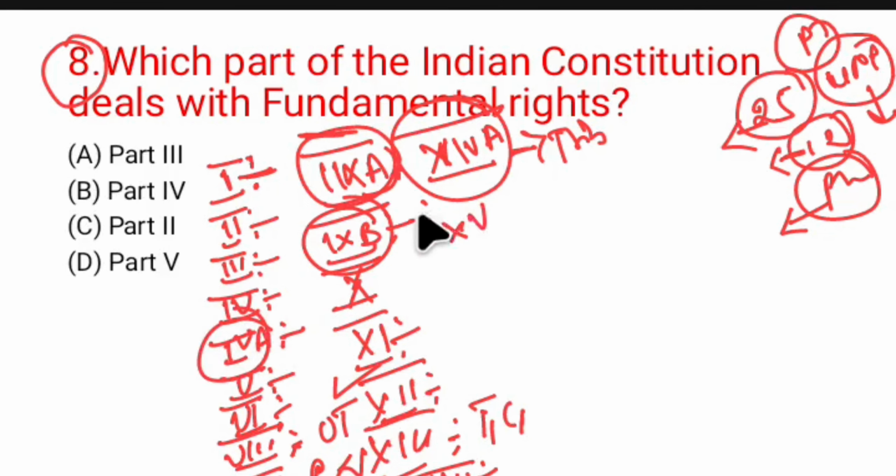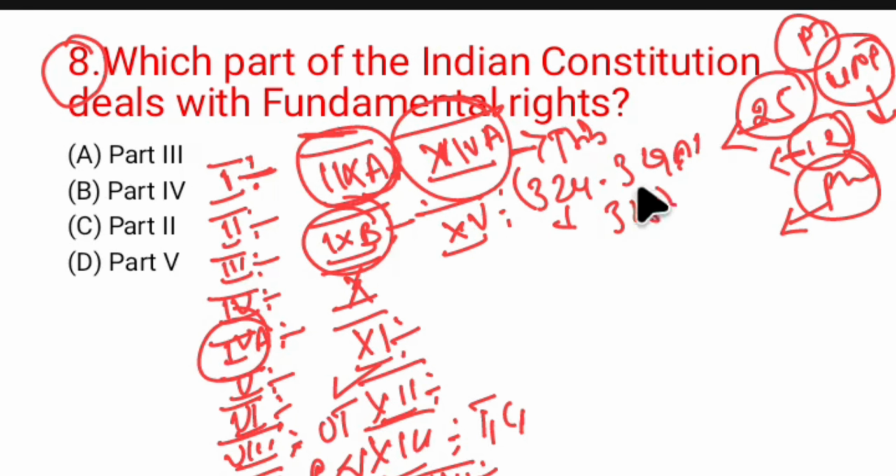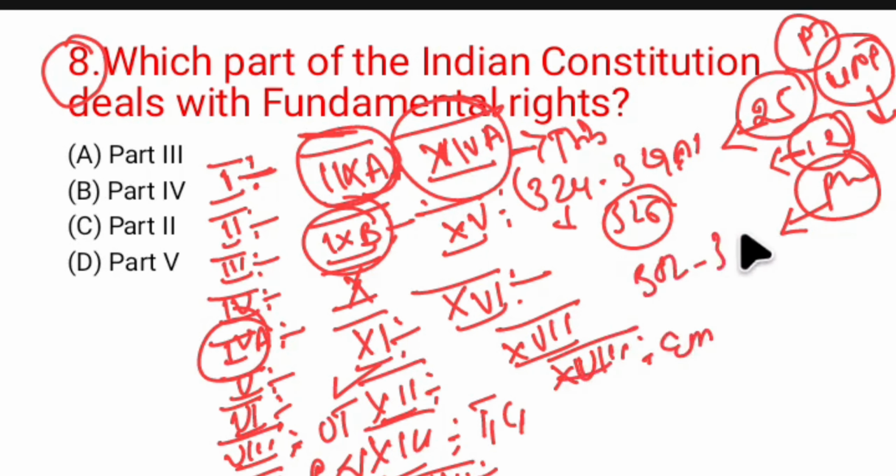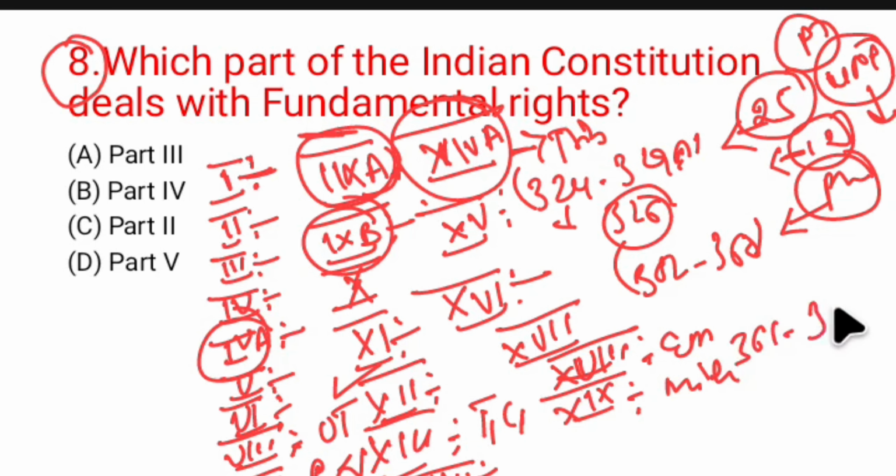And Part 15 talks about elections from Article 324 to 329A, 324 Election Commission of India, 326 right to vote. And Part 16 talks about the special provisions. Part 17 official languages. Part 18 emergency provisions from Articles 352 to 360. And Part 19 miscellaneous provisions from 361 to 367.